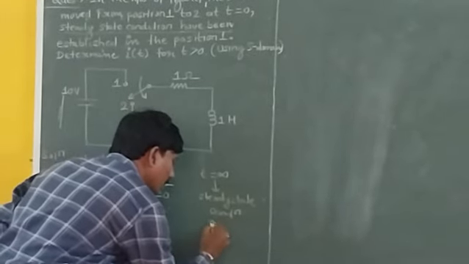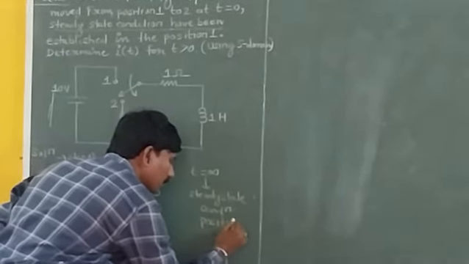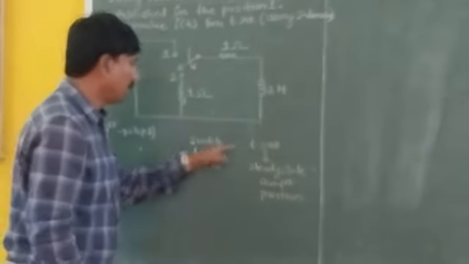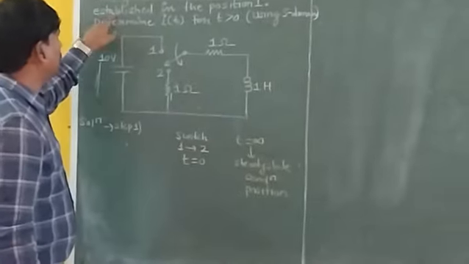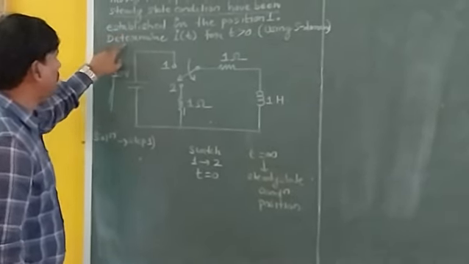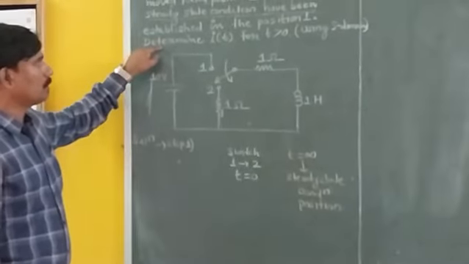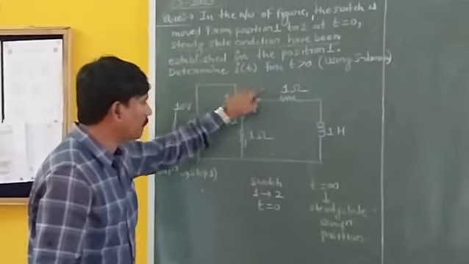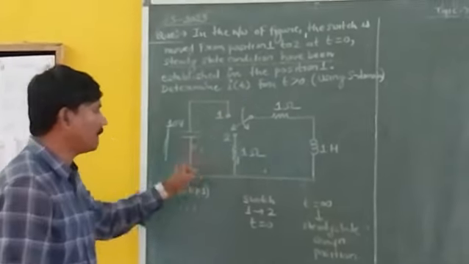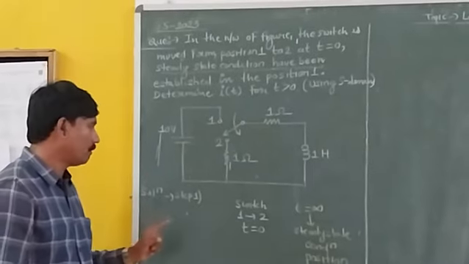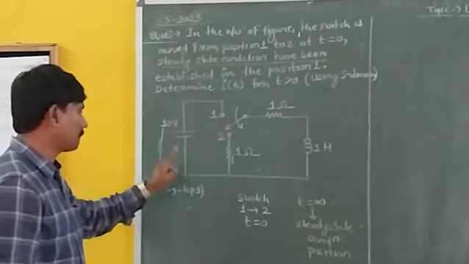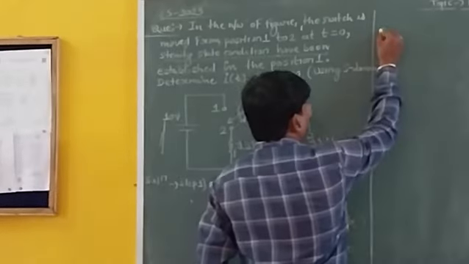Now, the second thing you have to identify is what you want to find out: the current i(t) flowing inside this particular circuit diagram. So we will start with the first one, state number 1.